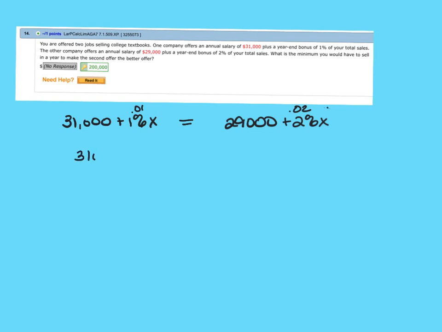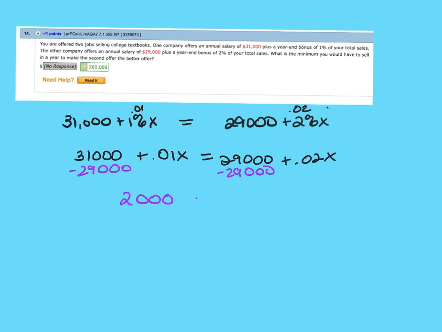So 31,000 plus 0.01x equals 29,000 plus 0.02x. You can multiply everything by 100 here, or I can actually simplify this a bit. This would be 2,000 plus 0.01x equals 0.02x.